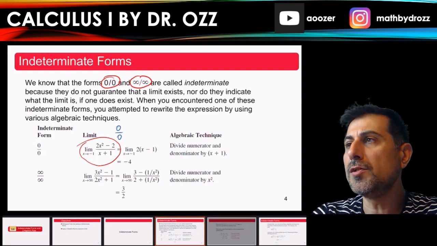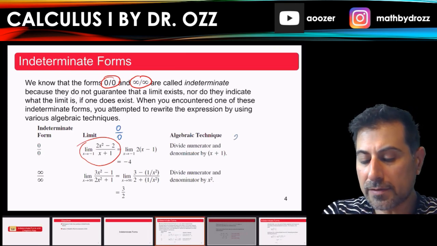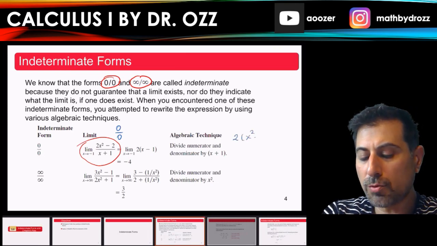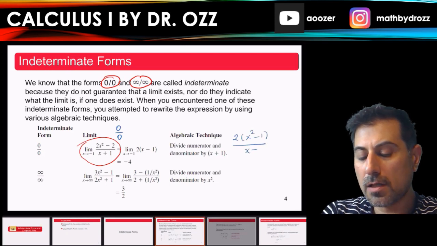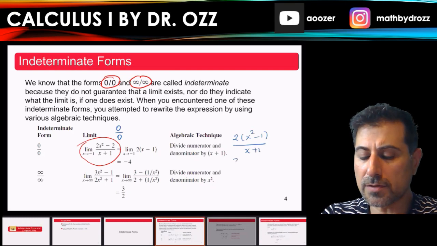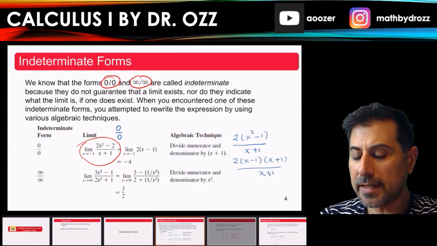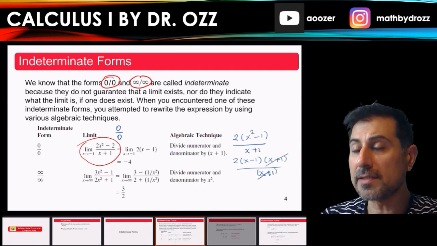But we also know that 2x squared minus 2 can be written as 2 times x squared minus 1, and x squared minus 1 is a difference of squares, so I can split that into 2 linear factors.